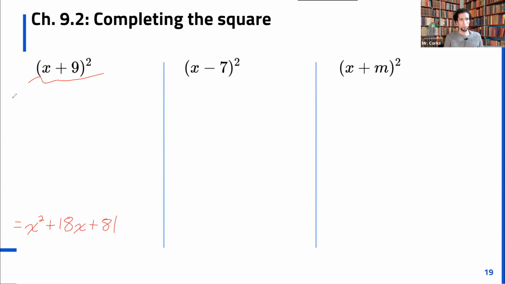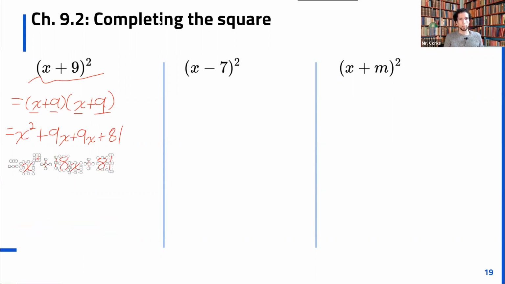So x plus 9 squared is x plus 9 times x plus 9. We are multiplying each thing on the left one times each thing on the right one. So x squared plus this x times this 9, 9x, plus this 9 times this x, 9x again, and then 9 times 9 gives us the 81, and then we see the 18 here.